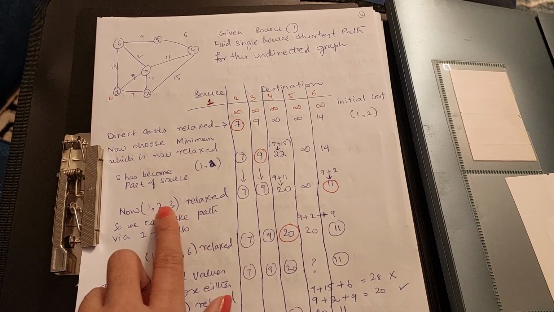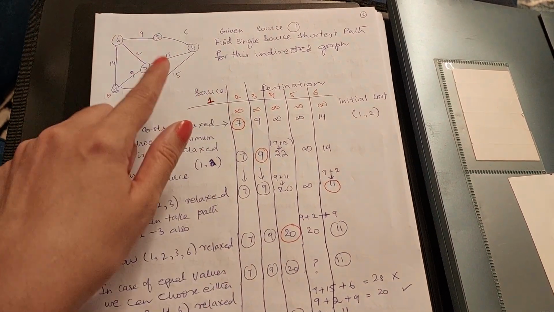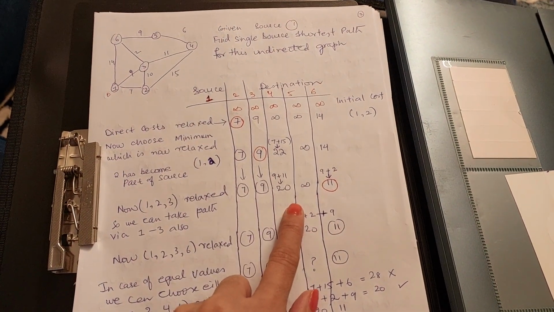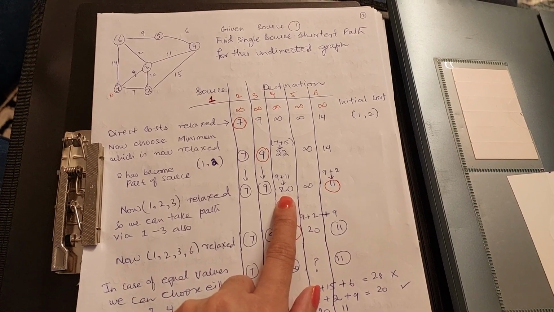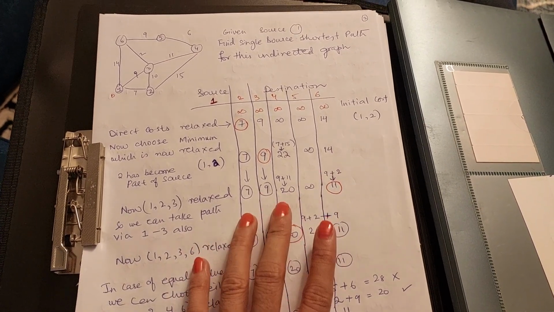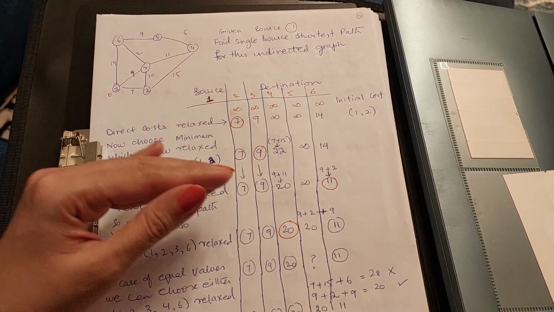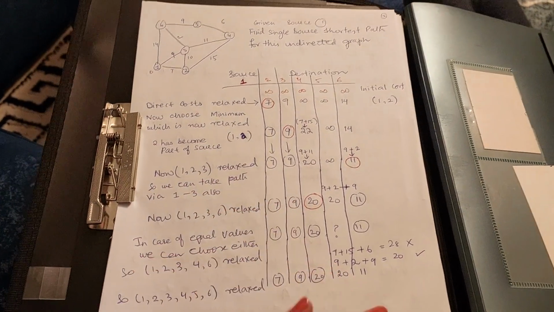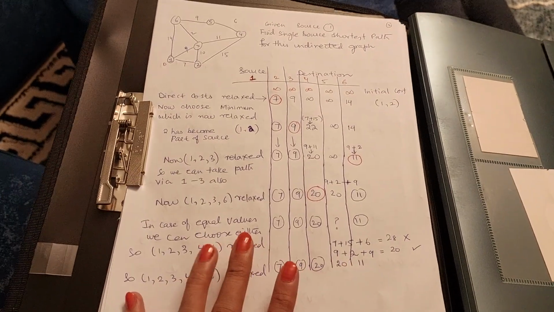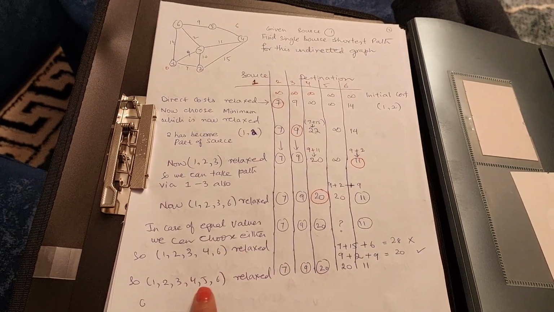So now you have a bigger source, so you can connect more points, and because of that your 4 is also now becoming part of your connections. So this is how the algorithm works from one step to another, and you will end it when all your points become part of your source.